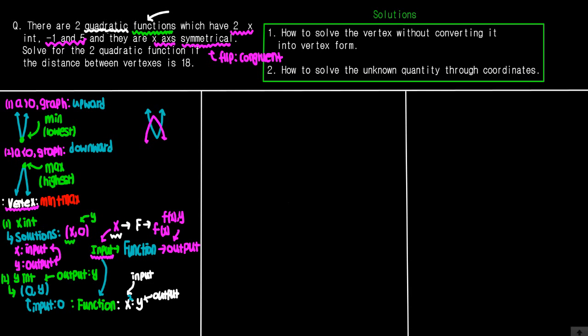These are just examples of our function, but they're congruent through the x-intercepts, which means there is our y-intercept and there is our x-intercepts. The standard dividing these two functions into two is going to be our x-axis.